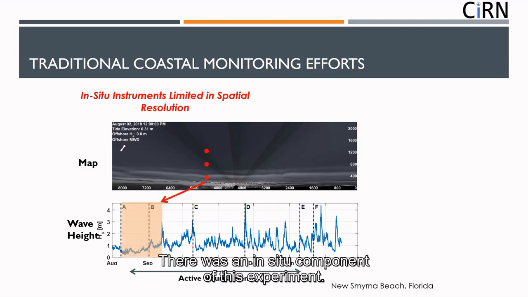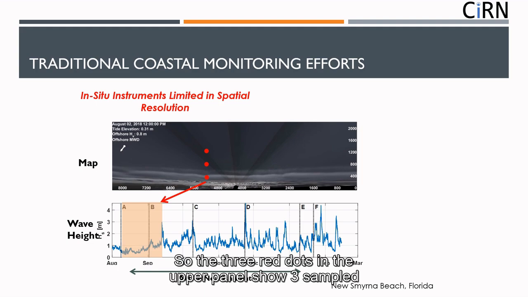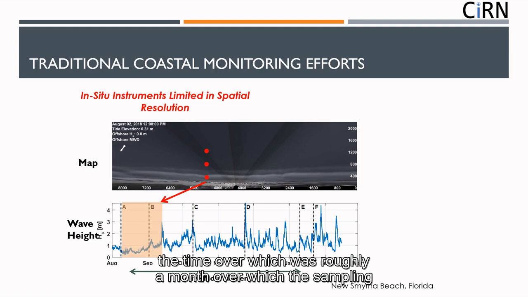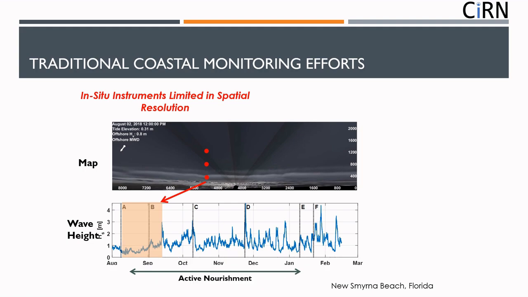There was an in situ component of this experiment. The 3 red dots in the upper panel show 3 sampled locations which were looking at the changing hydrodynamics caused by the nourishment. And in the lower panel, the tan colored area shows the time over which the sampling was taken, roughly a month.